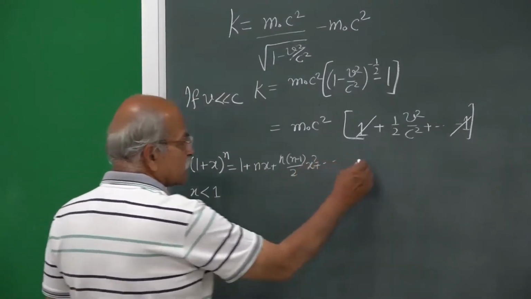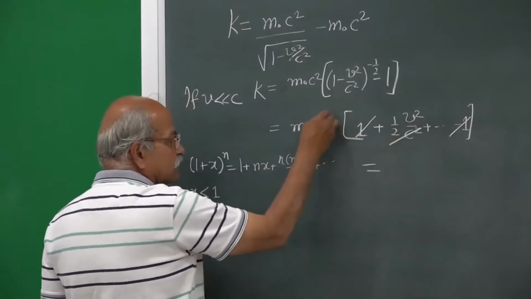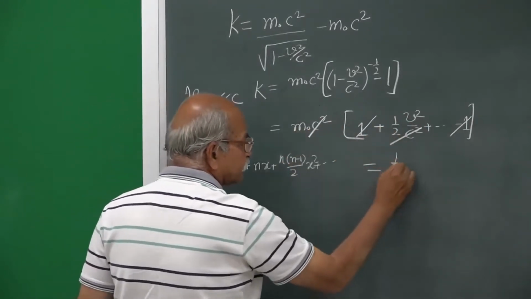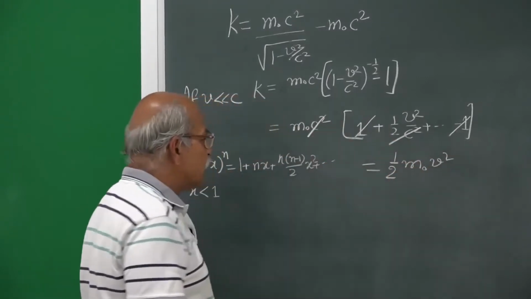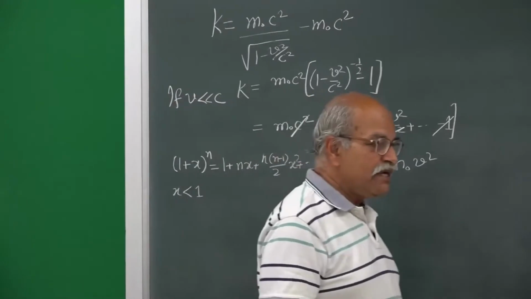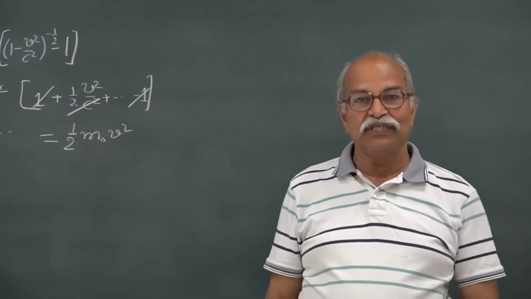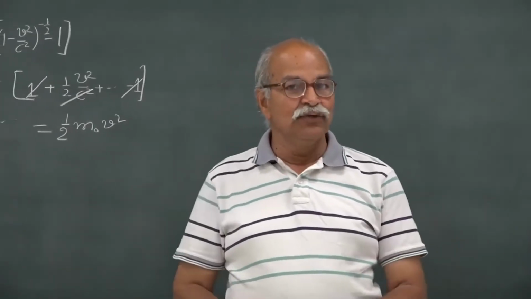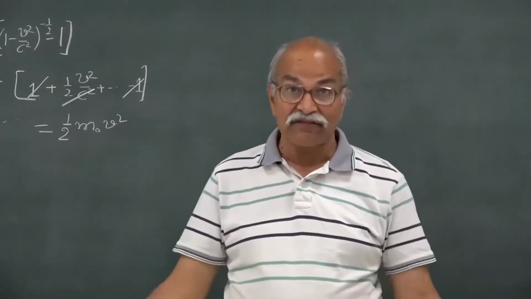Now, you can see what it is, this c square will cancel with this c square and you have half m naught v square. So, yes, if speed of the particle is small as compared to the speed of light in vacuum, I can still use kinetic energy as half times mass times speed square.